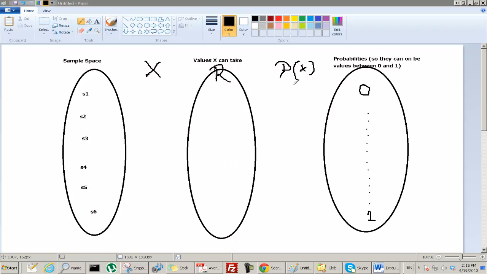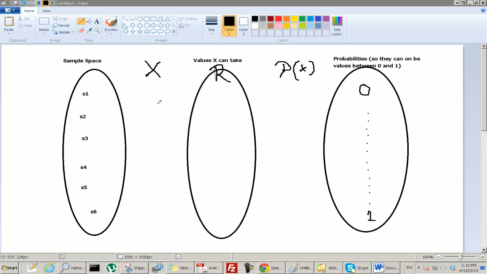And now we're saying the probability of x, that's p of little x, is a function which takes values from this space, which is basically anything in R, any real number, and assigns it to values over here, which have to be numbers between 0 and 1, since they're probabilities.